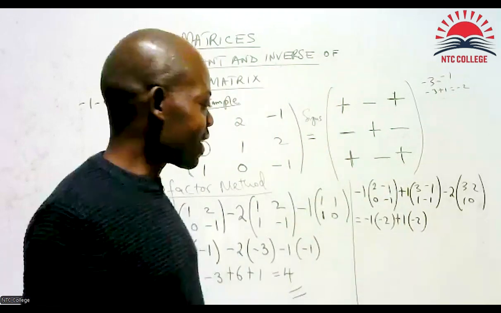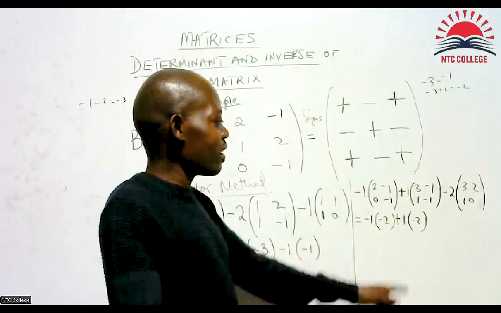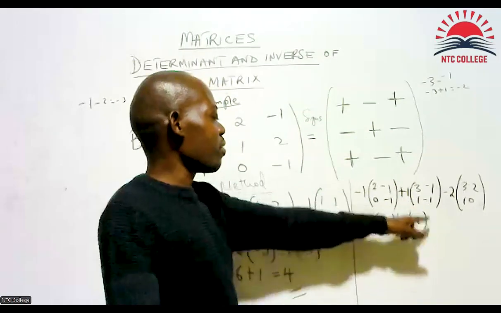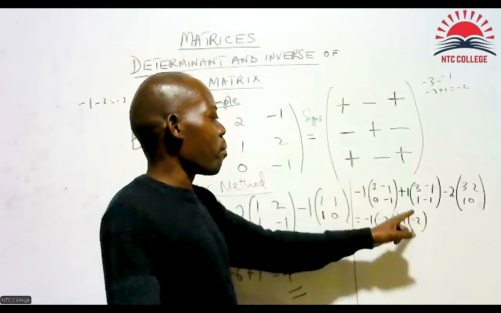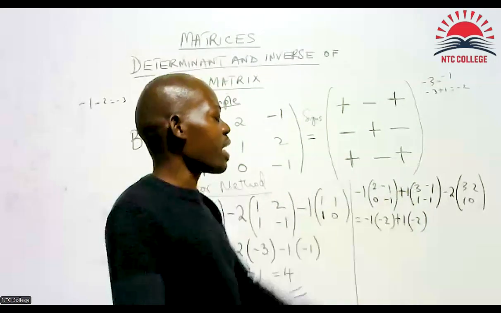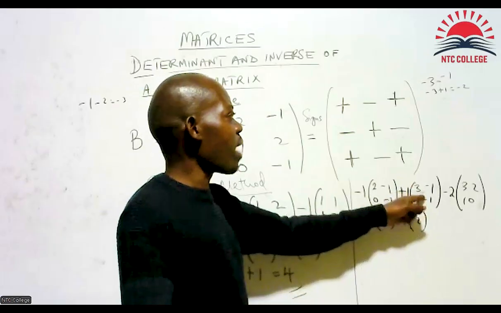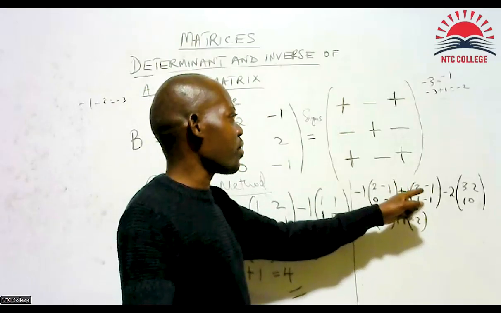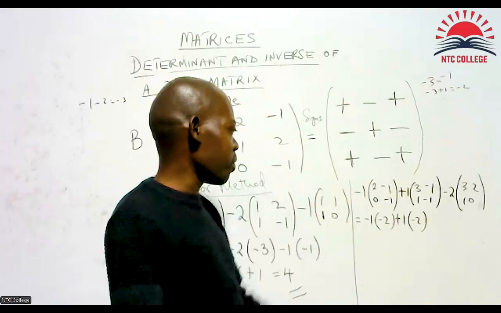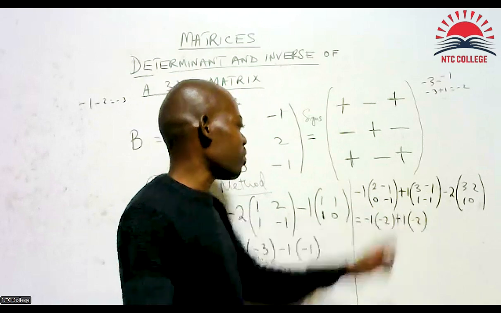Yes, somebody is wondering. I can still repeat what I've done. In the second case, 3 times -1 is -3 minus 1 times -1. So 1 times -1 is -1. So it reads -3 minus -1, which is -3 plus 1, giving you -2.